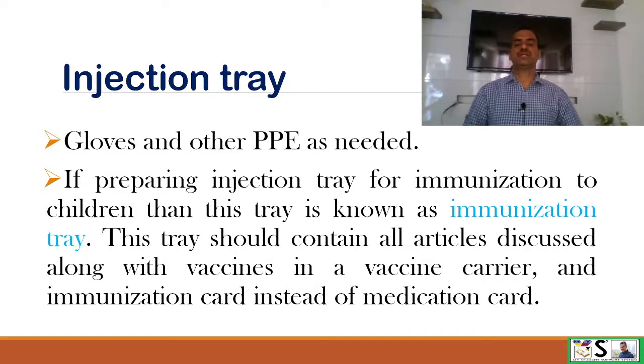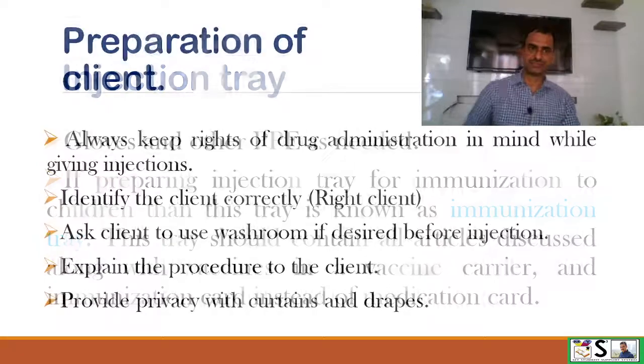If preparing an injection tray for immunization of children, the tray is known as an immunization tray or vaccination tray. This tray should contain all the articles discussed here along with the vaccines in a vaccine carrier and an immunization card instead of a medication card. Other articles are the same.